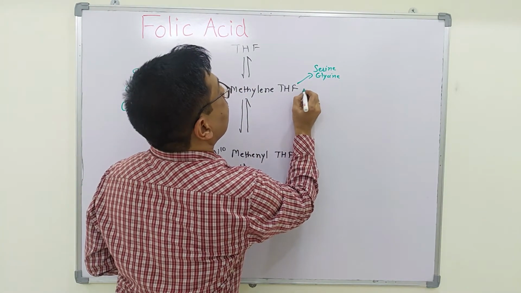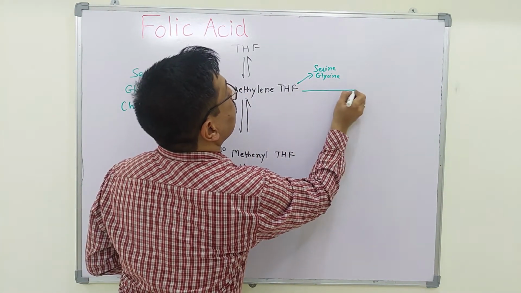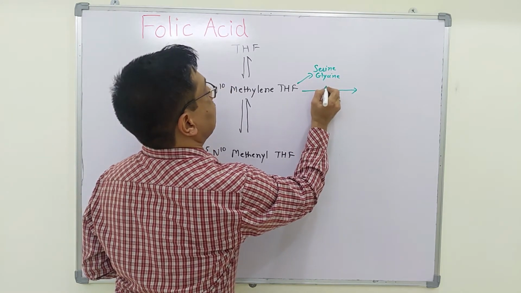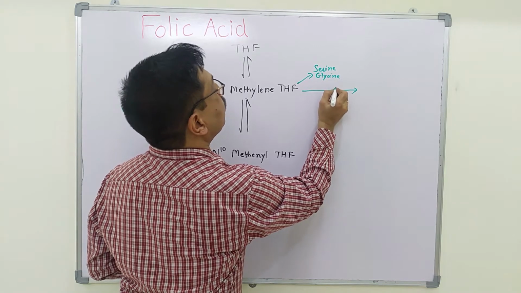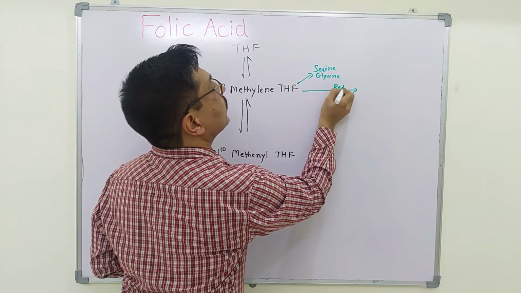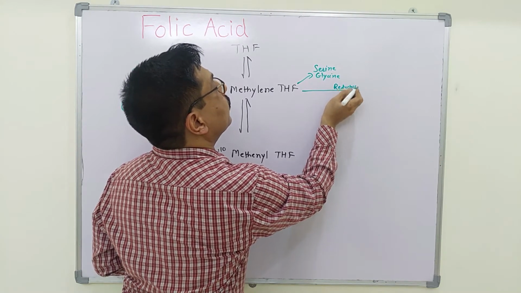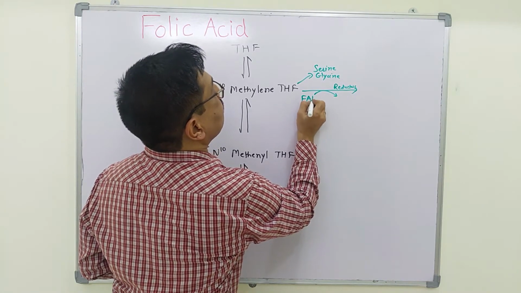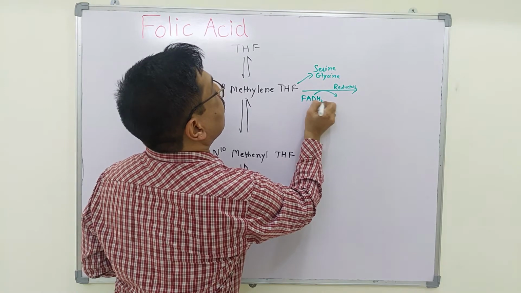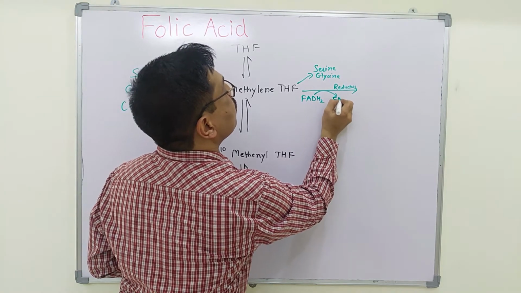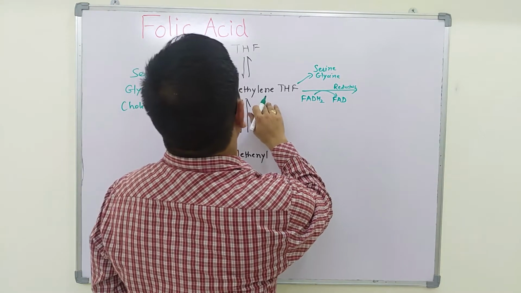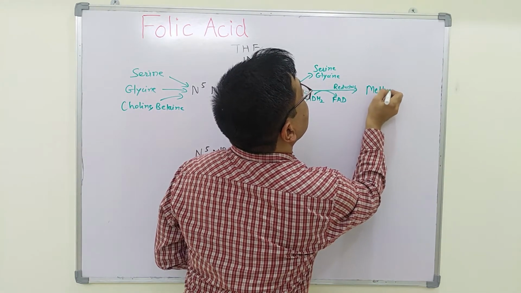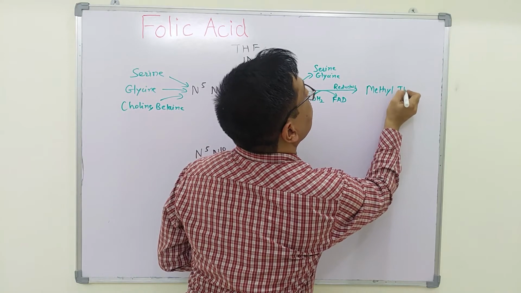Then there occurs, with the help of methylene tetrahydrofolate reductase, which is a flavoprotein, FADH2 converted to FAD, and this is converted to methyl tetrahydrofolate.